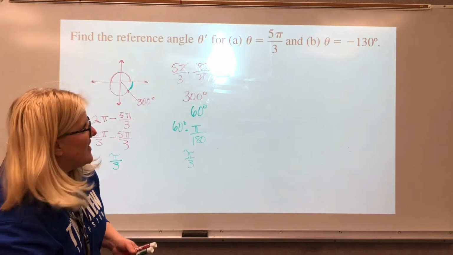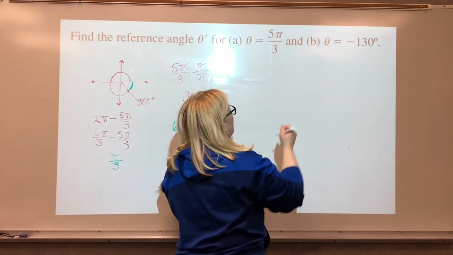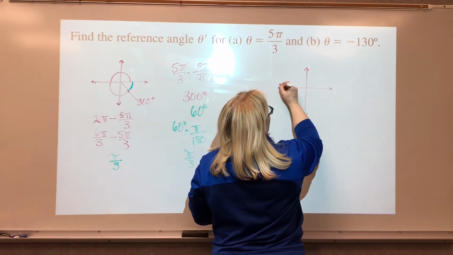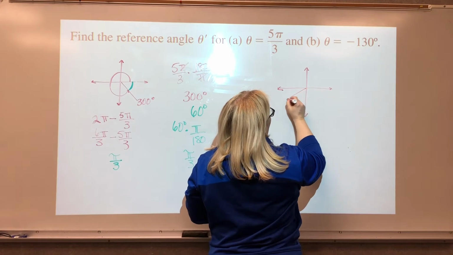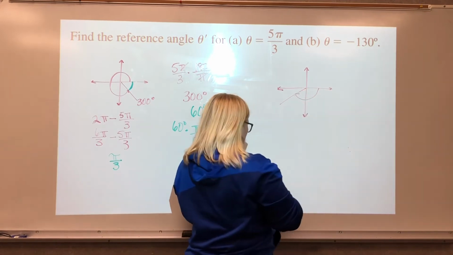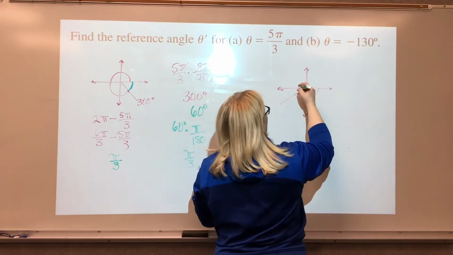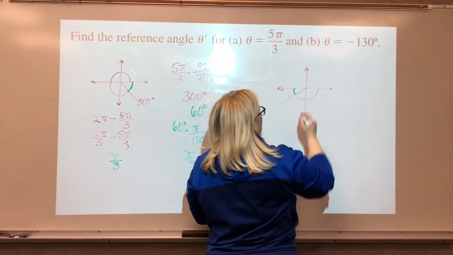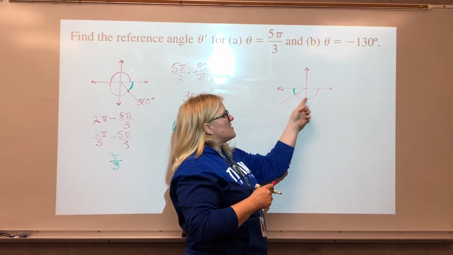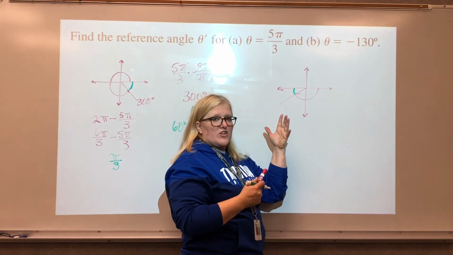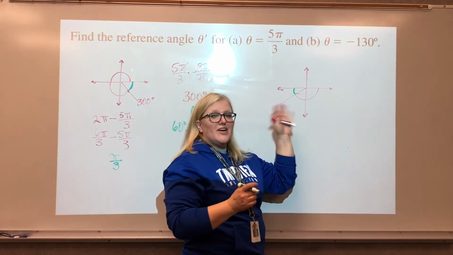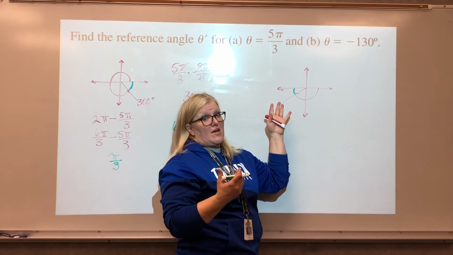Now we have theta is negative 130 degrees. So 130 degrees is probably about right here, and I'm going in a negative direction. So I need to know what this angle is right here. This whole piece goes around half the circle, so it is 180 degrees, which is pi, but we're talking about degrees.